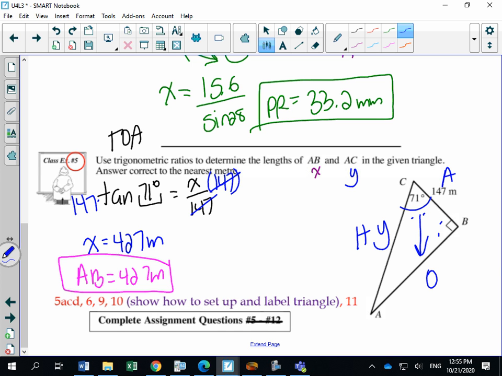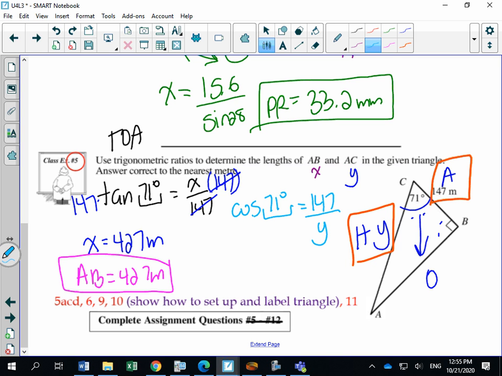But the 2 sides you box in now change. So Ella, what 2 sides would I box in for this one? A is correct and H. And then Ella, what trig ratio? Yes. So the cosine of my given angle, which is 71 degrees, is equal to the adjacent, which is 147, over hypotenuse, which is y.